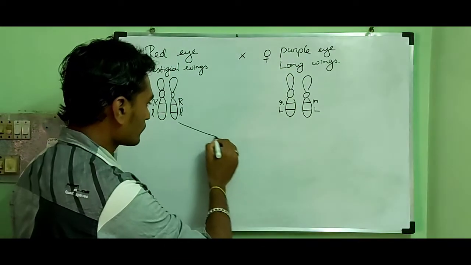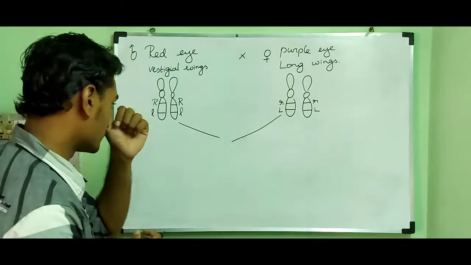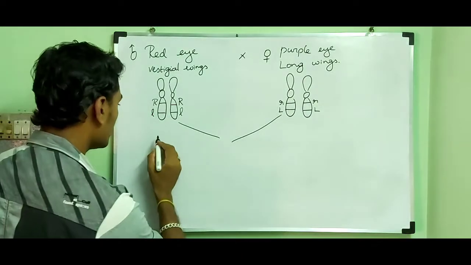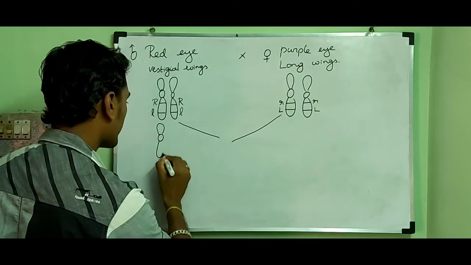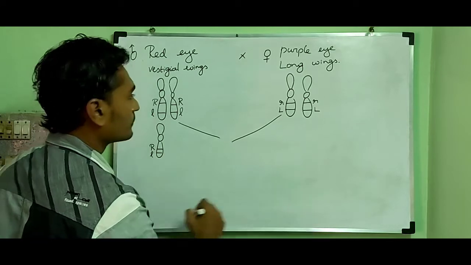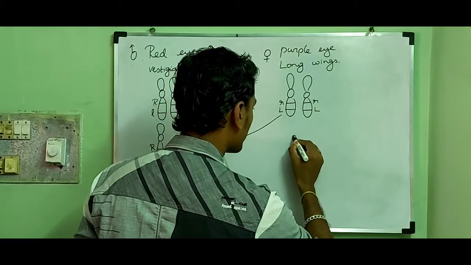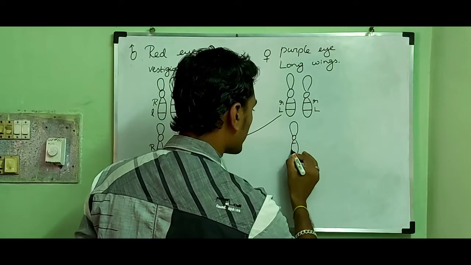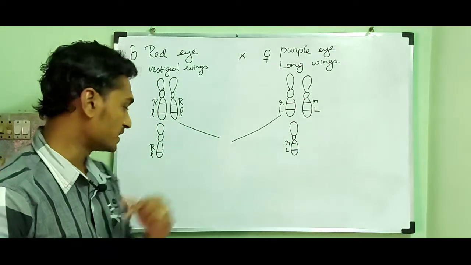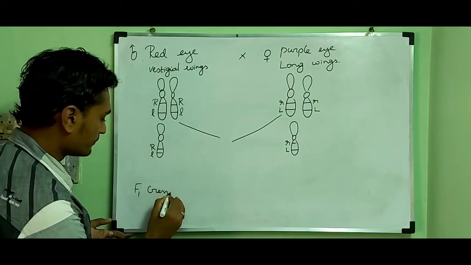Before that, we have to figure out the gametes. The red eye vestigial wing parent produces the gamete capital R, small l, while the purple eye long wings parent produces the gamete small r, capital L. Then fusion of gametes takes place, resulting in the development of the F1 generation.